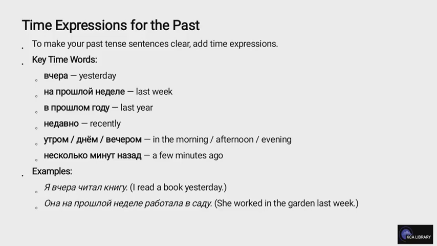Utrom, dnem, vecherom: in the morning, afternoon, evening. Neskolko minut nazad, a few minutes ago. Examples. Ya vchera chital knigu. I read a book yesterday. Ona na proshloy nedele rabotala v sadu. She worked in the garden last week.